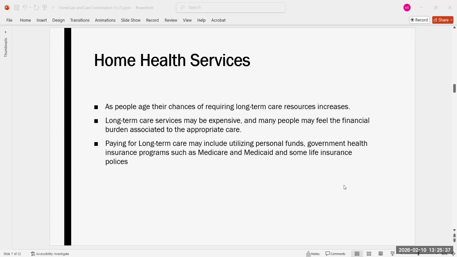So when looking to pay for long-term care, this could include utilizing a couple things such as personal finances and funds, or some government insurance programs such as Medicare, Medicaid could also assist, and there are some life insurance policies as well that could be utilized. But all of that is going to require somebody to help. If the patient doesn't already have these services, they're going to need somebody to help them obtain the services or even start the process for seeing if they're eligible.